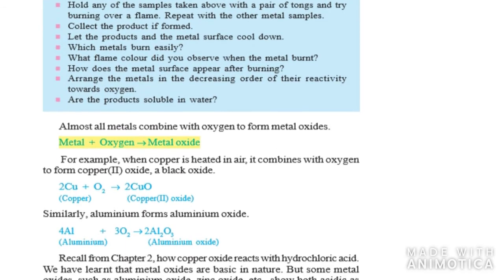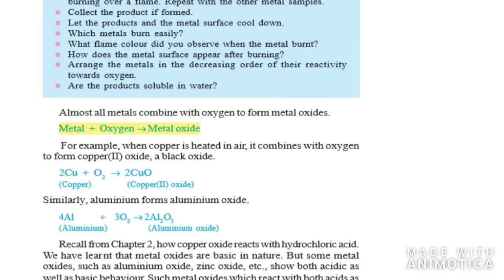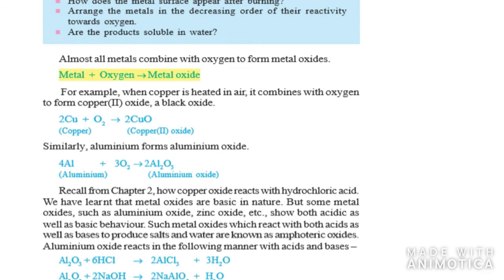Now we have some examples under it. The first one is of copper and aluminium. As you can see, copper when it reacts with oxygen forms copper oxide, and remember it gets converted into a black color. That means copper oxide is black in color. This comes in examination for 1 mark.